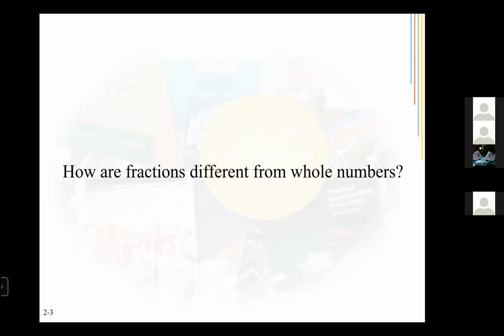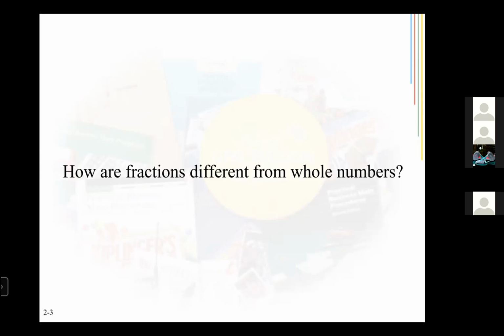A fraction possesses a numerator and a denominator. So we use the term numerator and denominator. And what is the numerator? What is the denominator? The numerator would be the top number, and the denominator would be the bottom figure. So the numerator will represent the quotient, and the denominator would represent the whole.